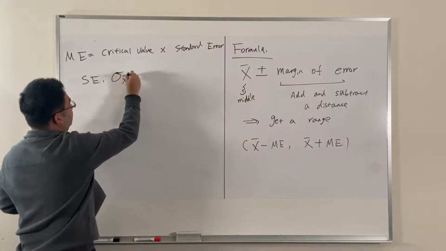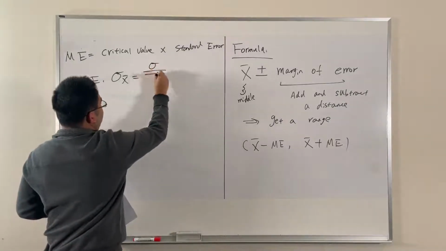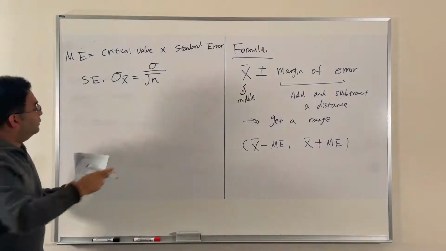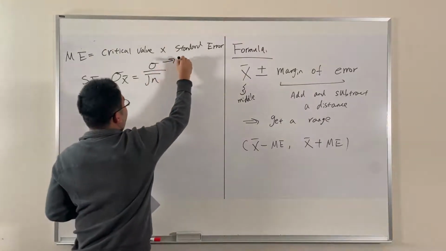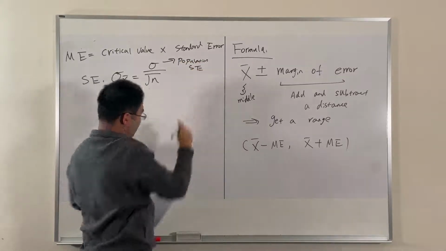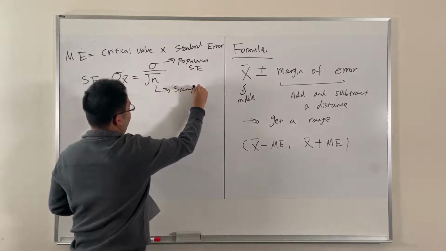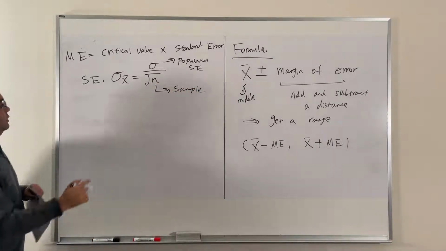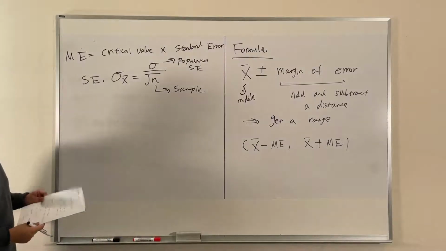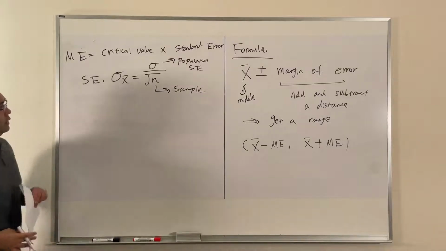Sigma X bar equals sigma over square root of n. Sigma is our population standard deviation, and n is our sample size. Again, this is the standard deviation of our sample mean. Cool. So we know how to calculate the standard error.